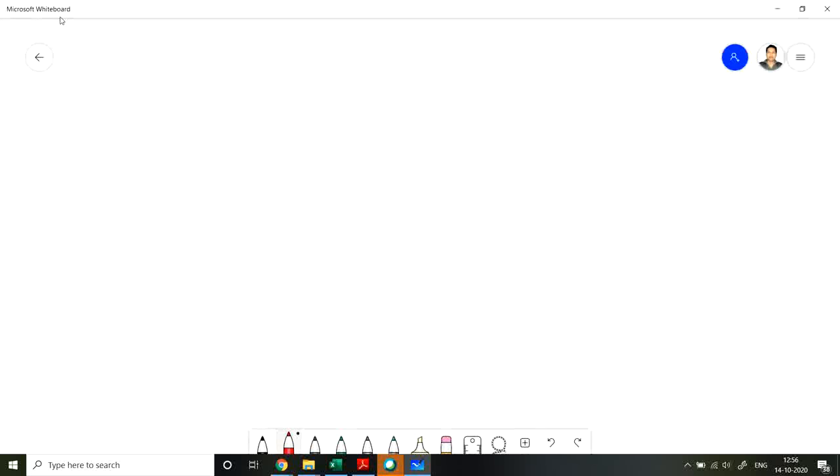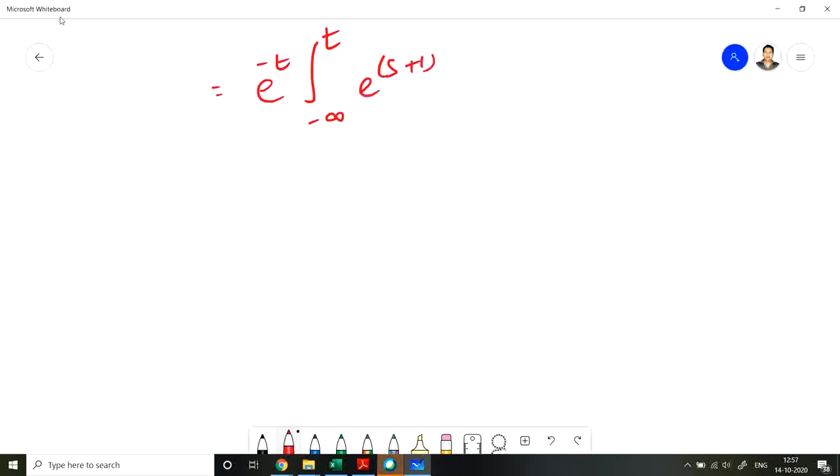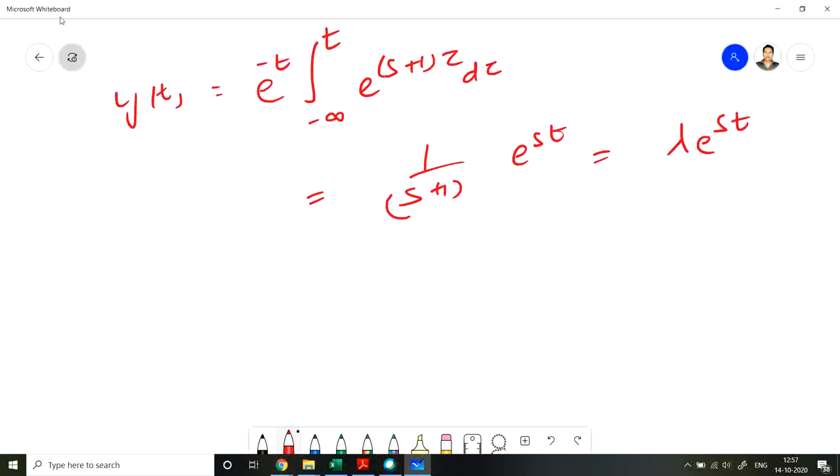So let us solve this integral. t is independent of tau, so we can put e raised to the power minus t outside. So the integral from minus infinity to t of e raised to the power s plus 1 into tau d tau. This is yt. So finally we are getting 1 divided by s plus 1 multiplied by e raised to the power st, if real part of s is greater than minus 1.